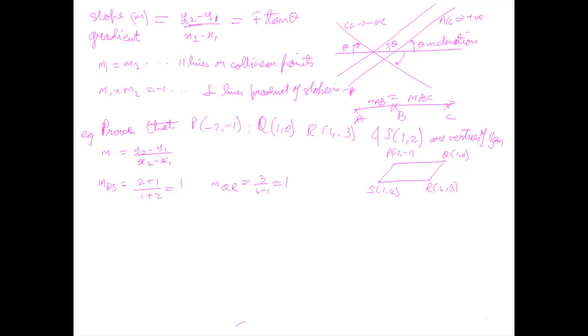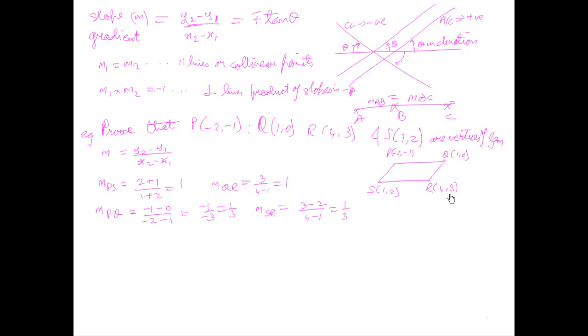Next children, we'll find the slope of the other pair, that's slope of PQ. Again y2 minus y1 upon x2 minus x1, that comes out to be minus 1 by minus 3, that's 1/3. And then slope of SR. Slope of SR children will come out to be y2 minus y1 upon x2 minus x1, that comes out to be 1 upon 3 again.